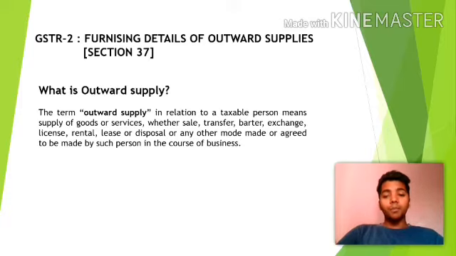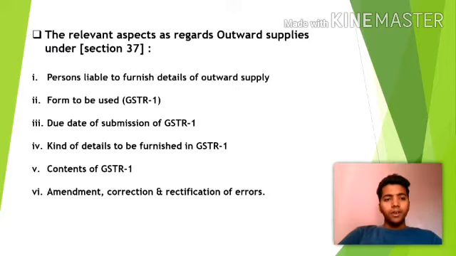We can relate it to a very basic concept: outward supply is the supply of goods and services by means of sale, transfer, barter, exchange, these kinds of modes.